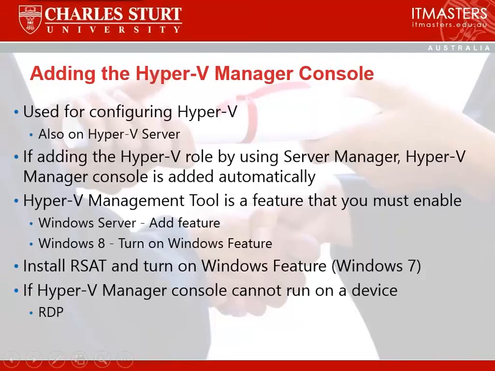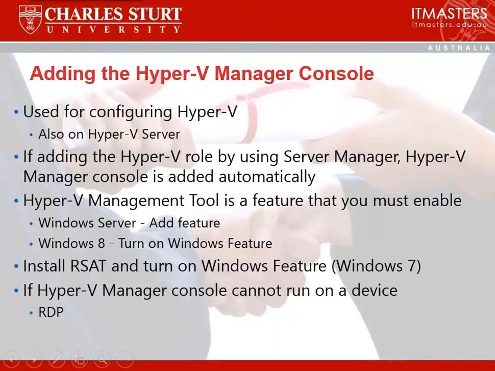If you have Windows 7, to install the Hyper-V Manager console, not Hyper-V, remember, we had two different components, then you need to install RSAT. Just go to Bing or your favorite search engine, type RSAT, and it will take you to the Microsoft website where you can download it. This will help you manage Hyper-V from Windows 7, but not run Hyper-V client on Windows 7, okay? Don't get mixed up.